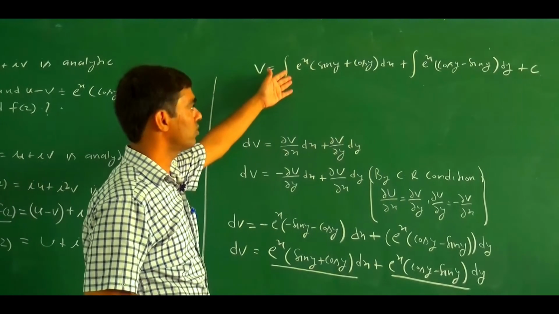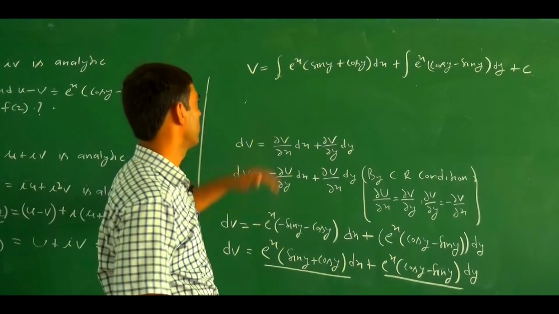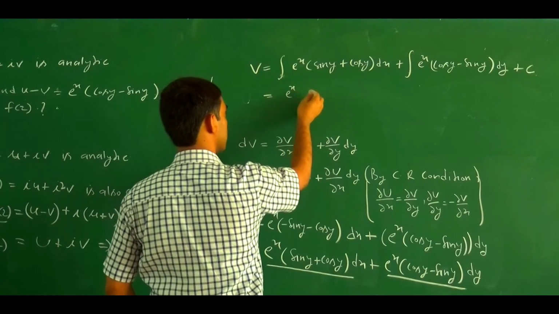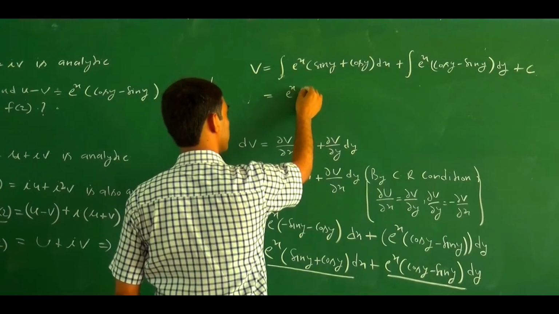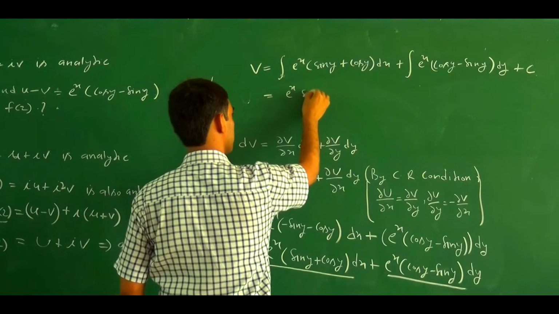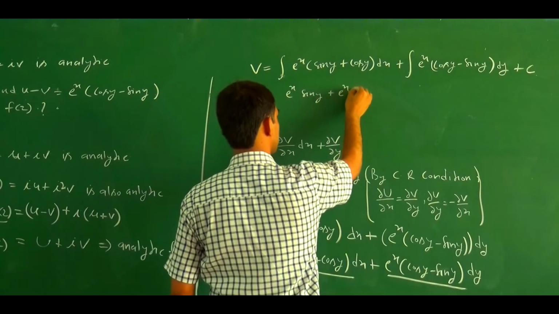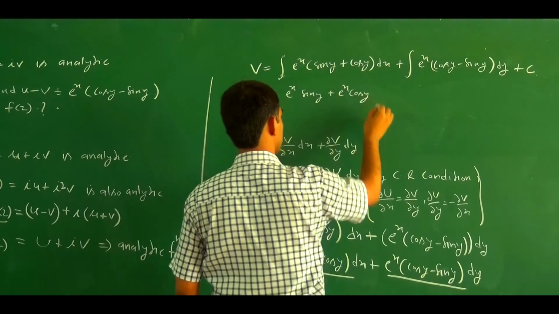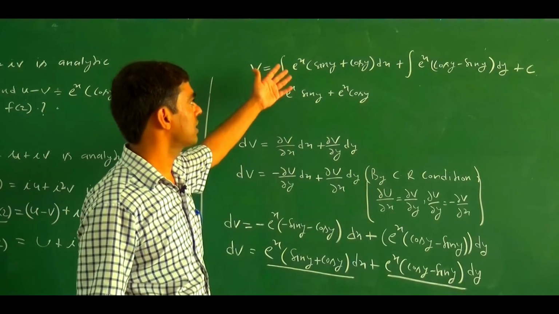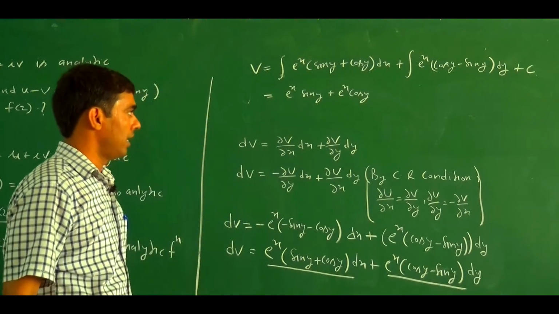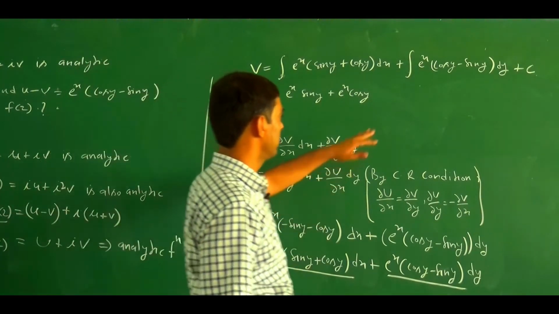So if we integrate this one with respect to x, what will happen? This becomes e^x sin y plus e^x cos y. And what is the value for this one?